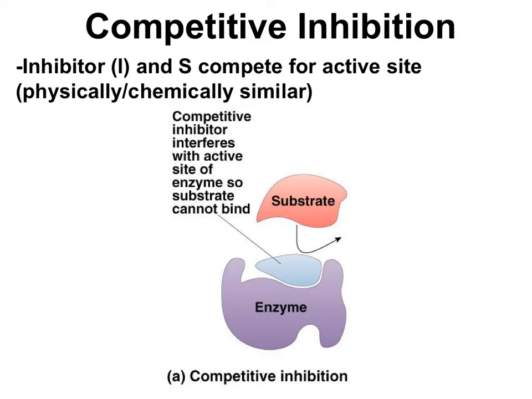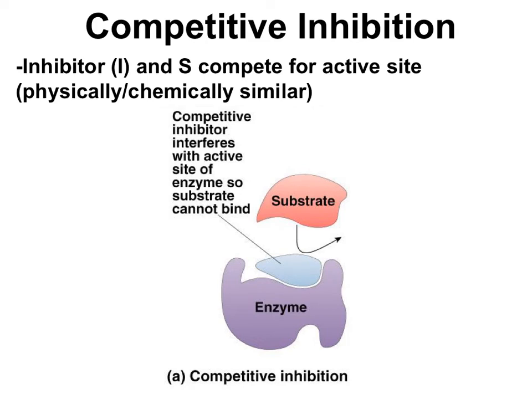In this diagram, the enzyme is purple, the inhibitor is blue, and the substrate is pink. The substrate can't get into the active site of the enzyme because there's an inhibitor there. The inhibitor is blocking the substrate from ever getting in.